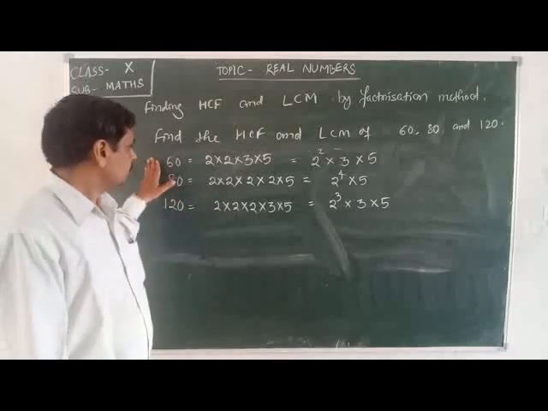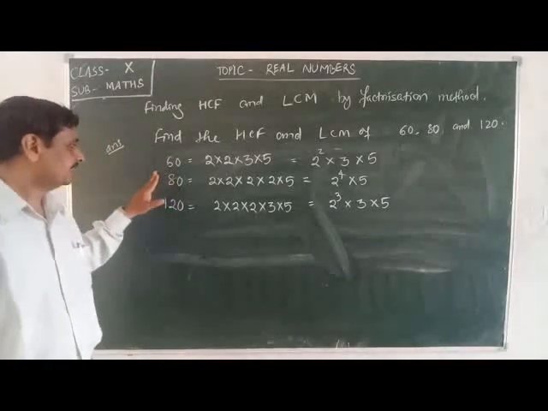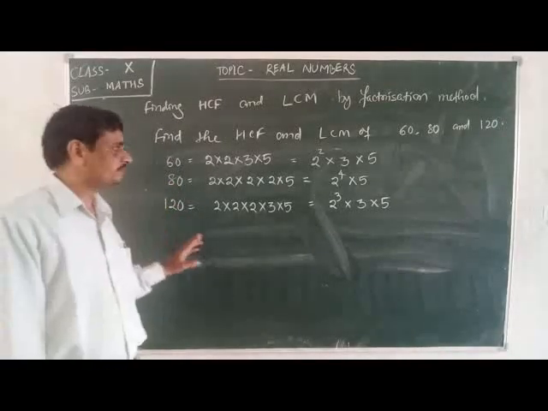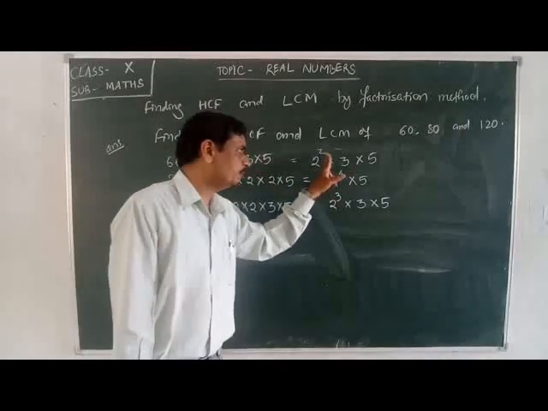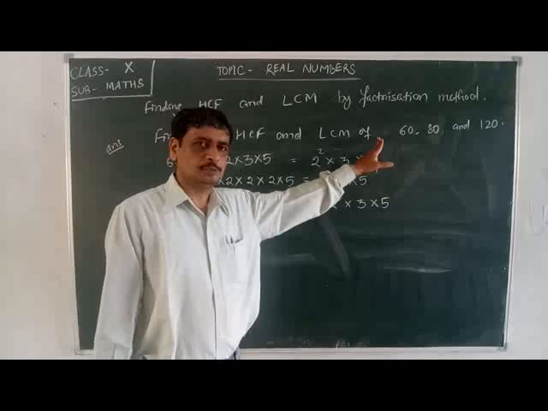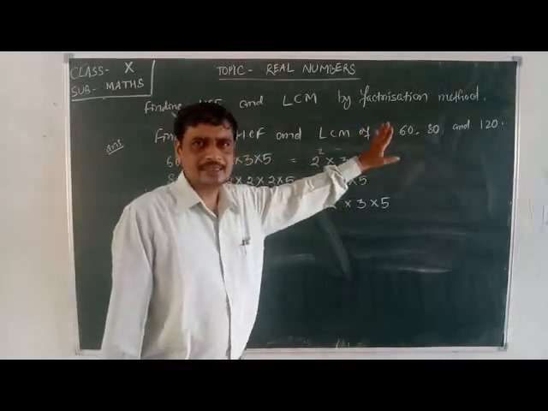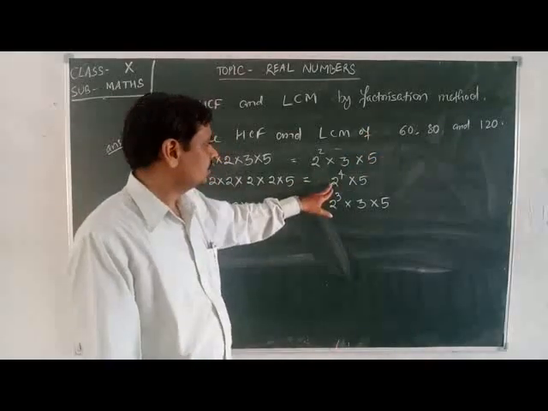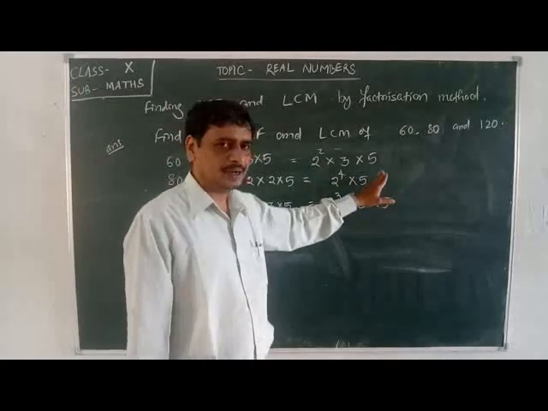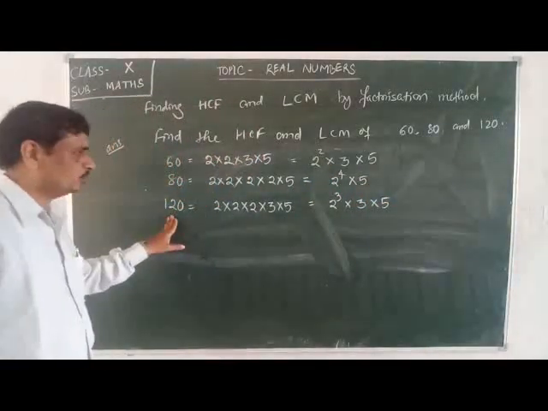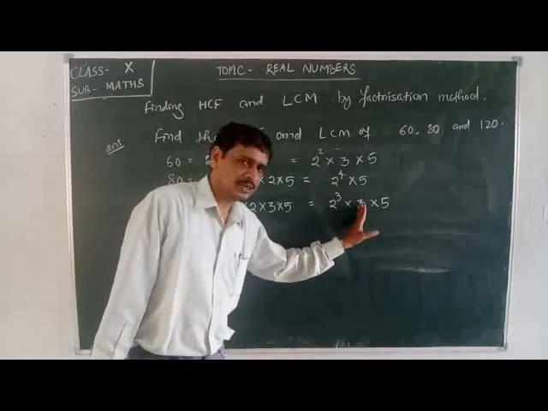Here we have factorized all the numbers 60, 80 and 120. 60 is expressed as 2 to the power 2, 3 to the power 1 and 5 to the power 1. Nothing mentioned means it is 1. Next, 80 can be expressed as 2 to the power 4 into 5 to the power 1. Next, 120 can be expressed as 2 to the power 3 into 3 to the power 1 into 5 to the power 1.